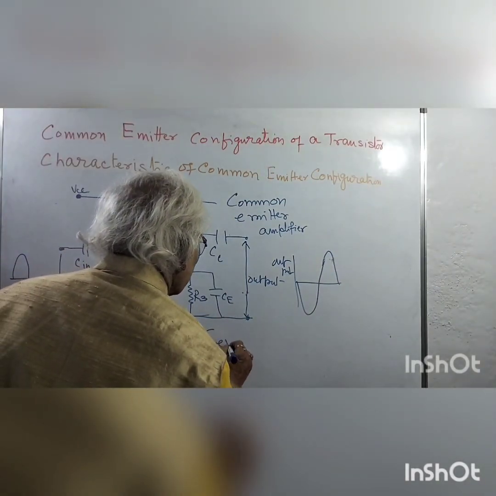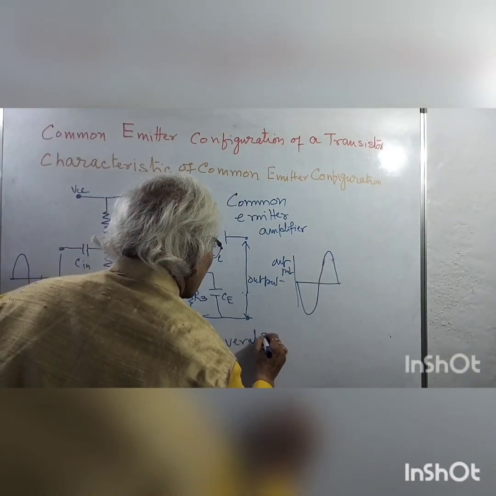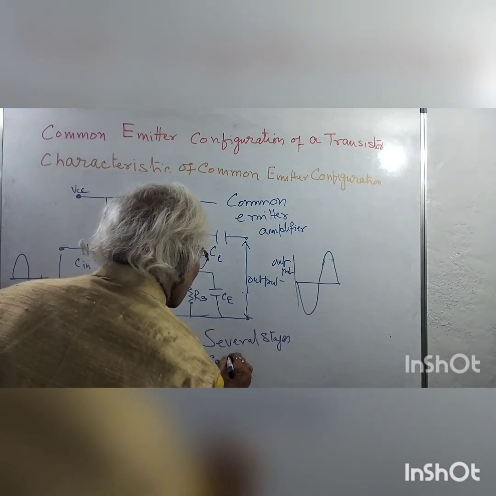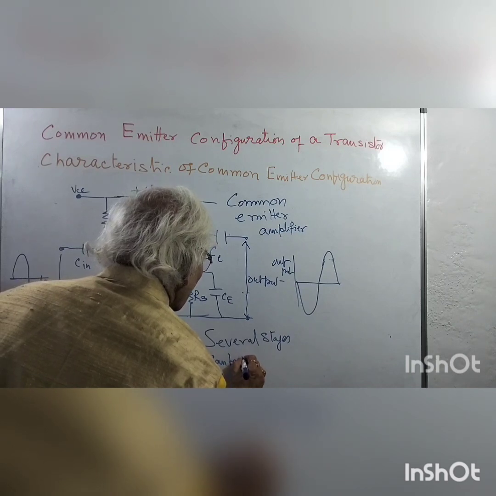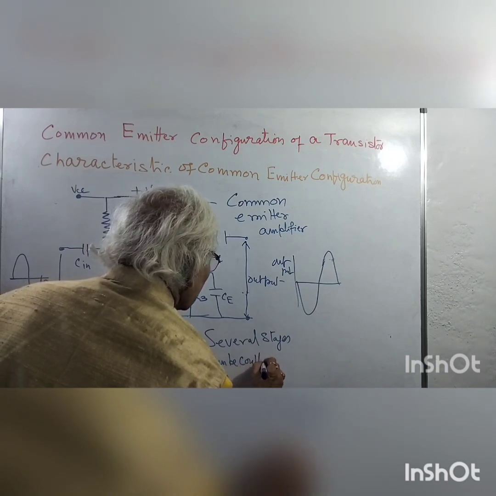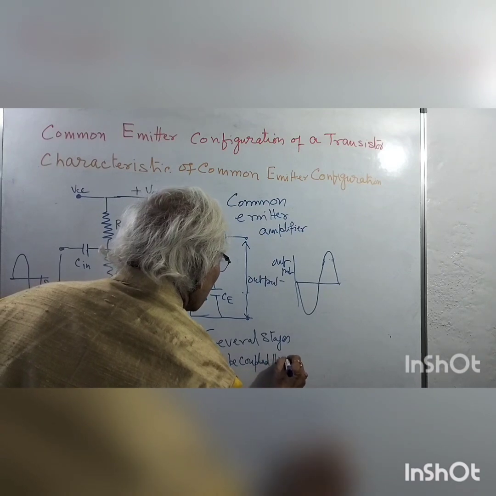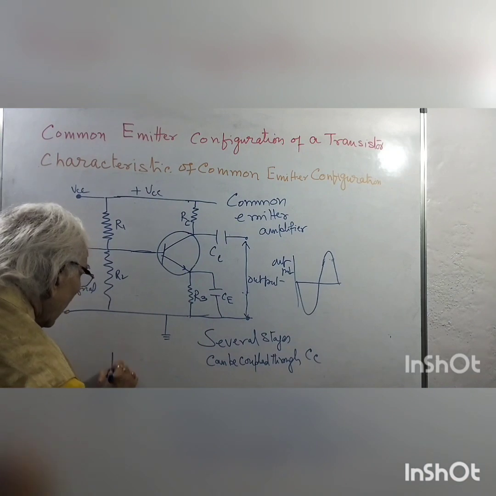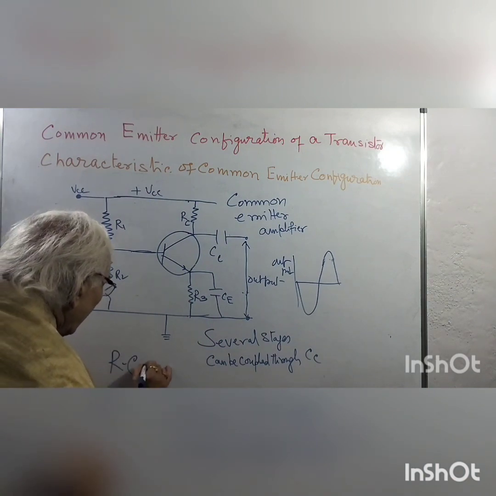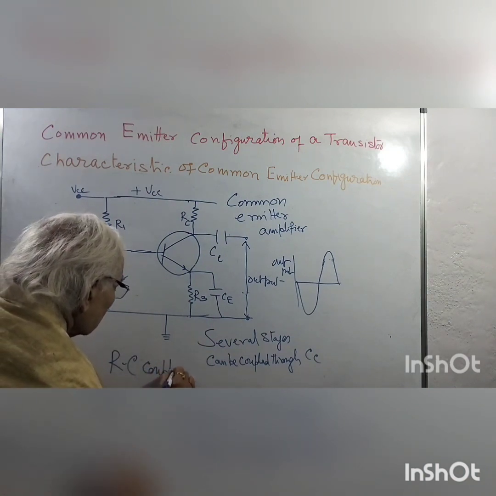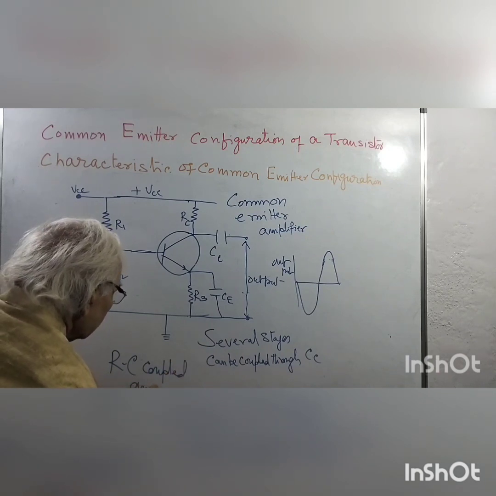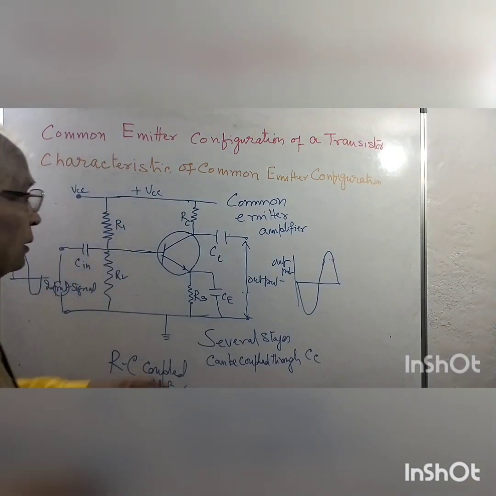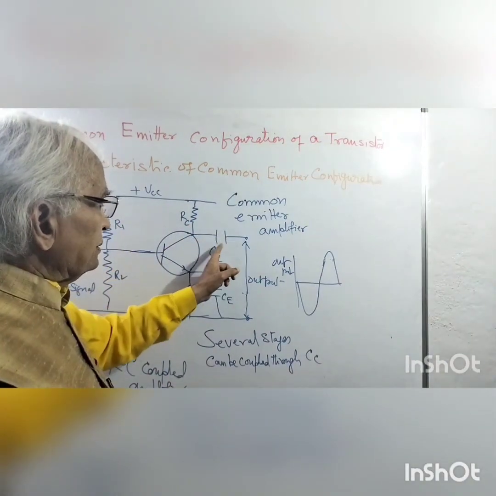Several stages can be coupled through CC. So this is called RC coupled amplifier, because resistance R is there and capacitance C is there.